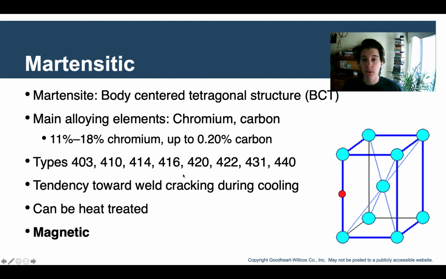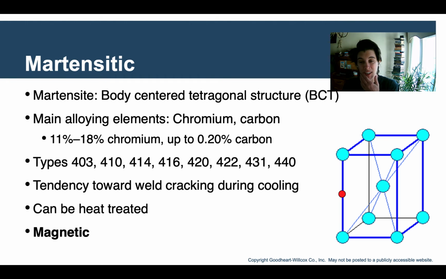Martensitic stainless steel, the difficulty with it is that it does have more of a tendency towards weld cracking during cooling. So that's why it's important to know what stainless steel you might be dealing with, because martensitic is going to be most prone to cracking. Then you would need to do preheating, interpass heating, and post heating perhaps, and control all of those things.